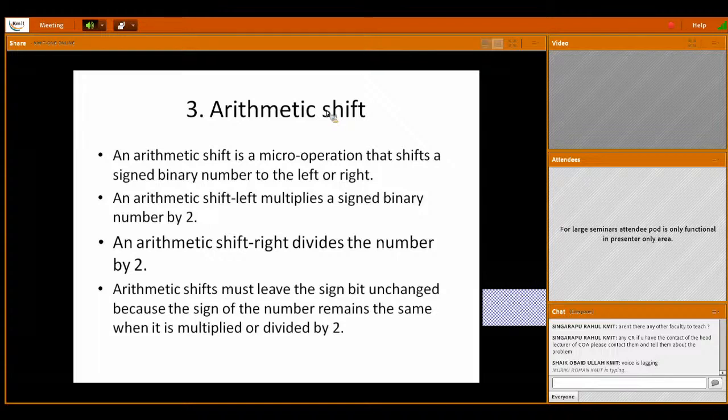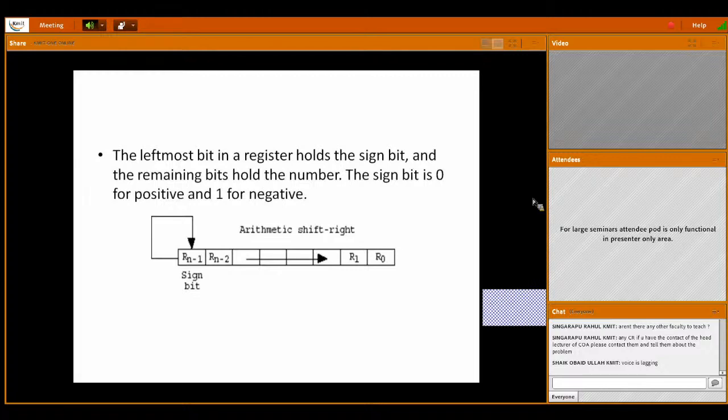Now, how do you know whether the given binary number is positive or negative? To know the sign of the number, the MSB bit is used. Let us suppose you have a register which contains the data from R0 to Rn-1. The bits of the data are R0, R1, R2, and so on up to Rn-1.